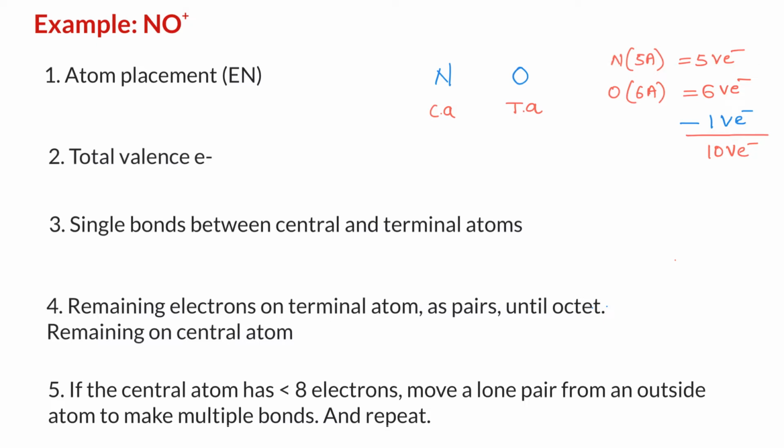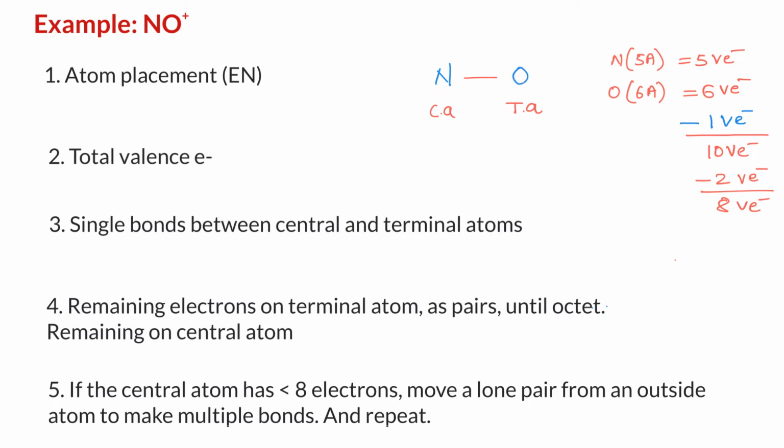Next, I am going to use these valence electrons to connect the central atom to the terminal atom using single bonds. So I have used up 2 valence electrons. There are 8 valence electrons remaining. The remaining electrons first go on to the terminal atom, that is oxygen, as pairs until the terminal atom reaches octet configuration.